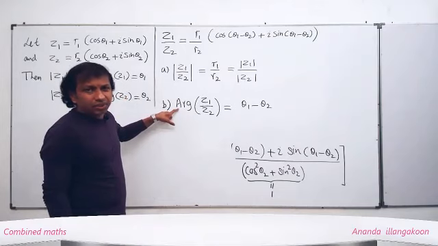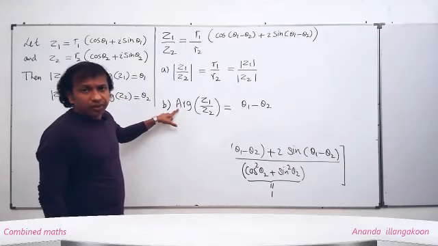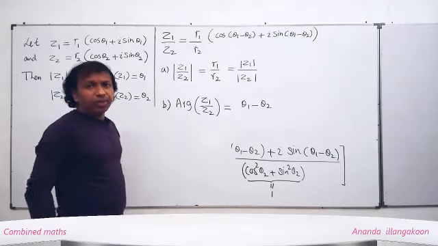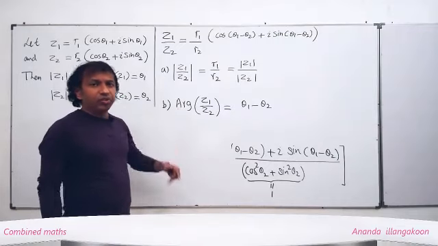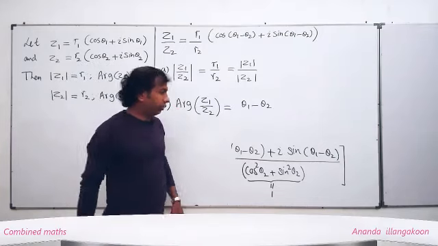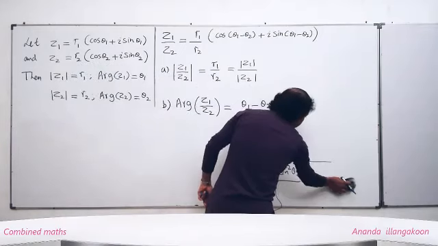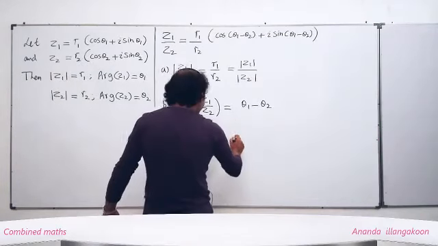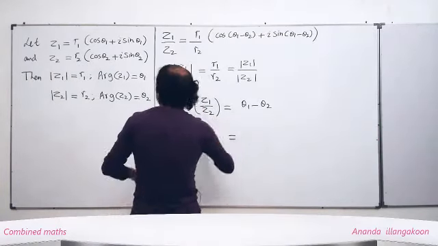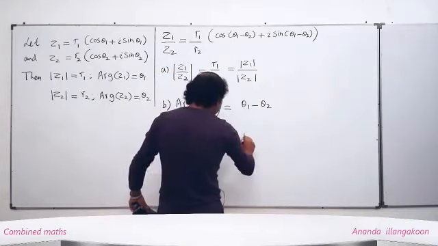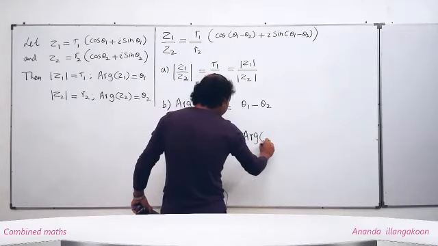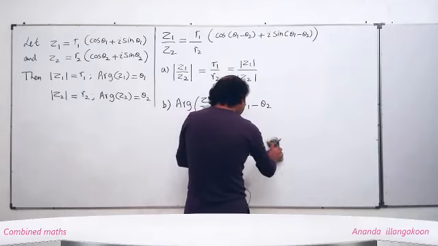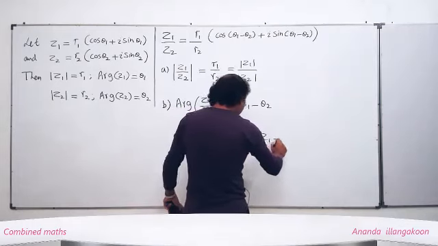But that is not that much of an issue, people, right? So whenever you use simple A here instead of capital A, never mind. Or everywhere when we use simple A, that's also okay. Right. Now, what is this really? Theta 1 is arg Z1, and theta 2 is arg Z2.